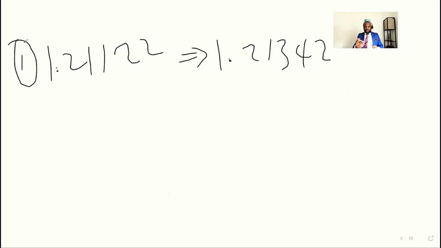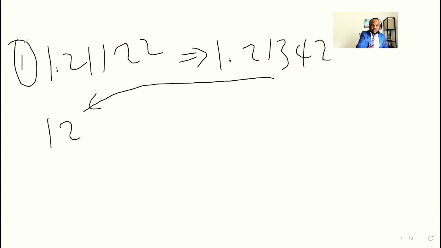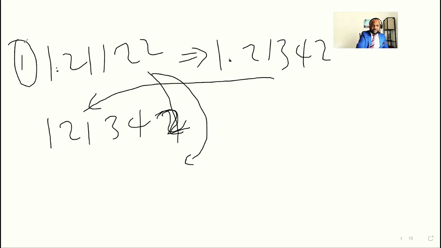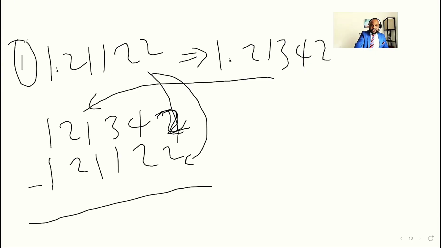That's when your calculator will understand what you're doing. When you do this, this one becomes 121342. Then this one becomes 121122. Find the difference.